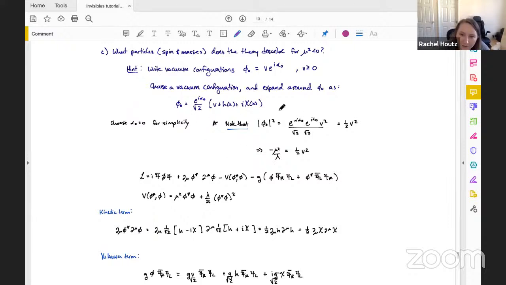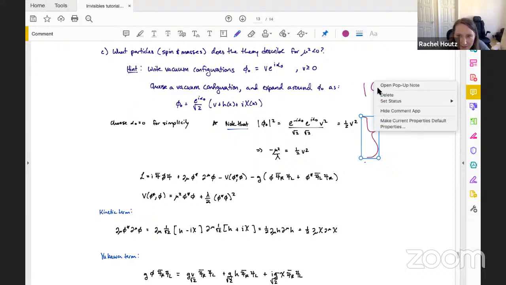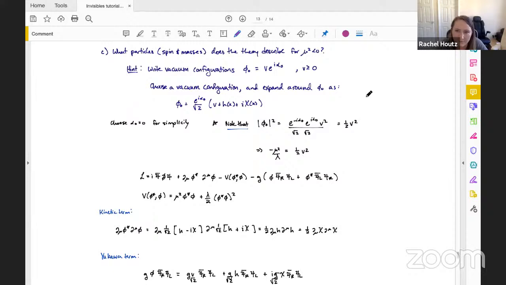I'll also note that if you work this out for yourself with a little bit more time, I don't want you to get tripped up by factors of 2. Crucially, based on this problem stipulation, the modulus of phi naught squared is actually 1/2 v squared.